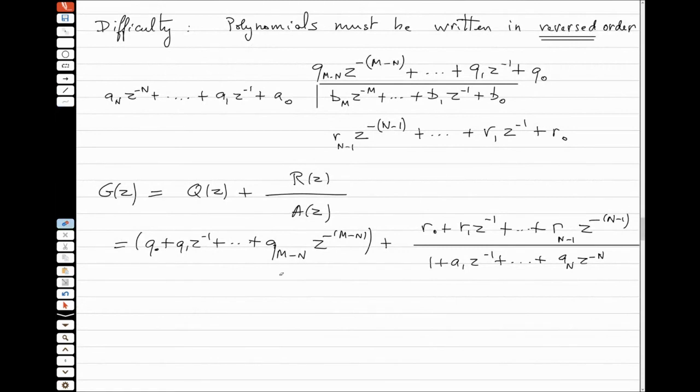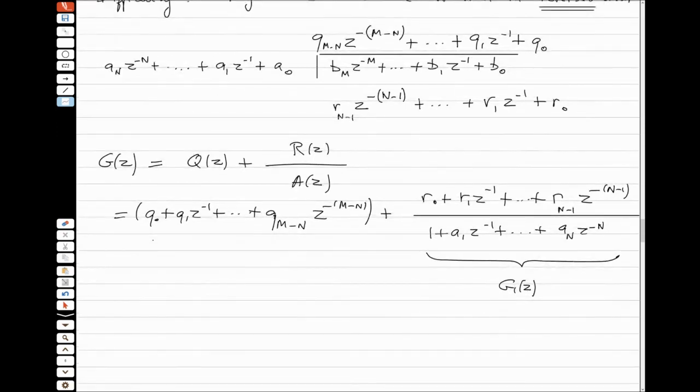So this is Q(z), and I will call this G1(z). Q(z), G1(z). So this is Q(z), and then G(z).